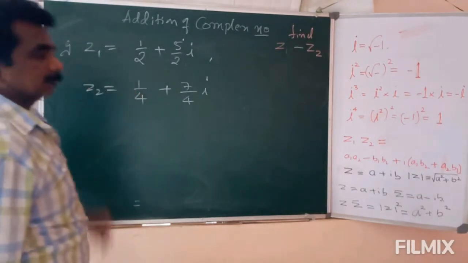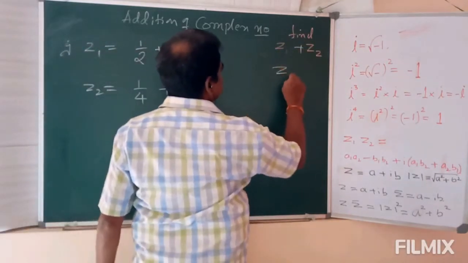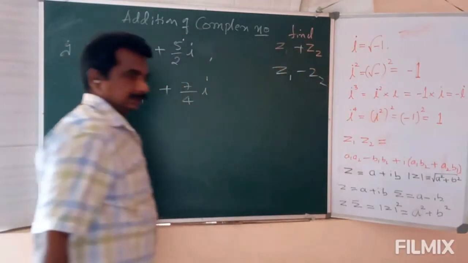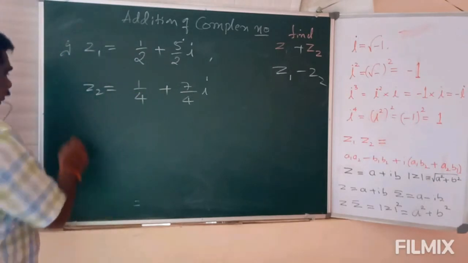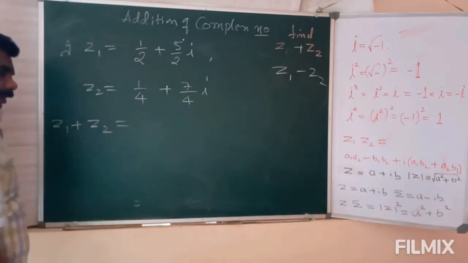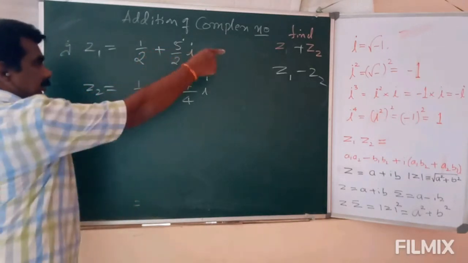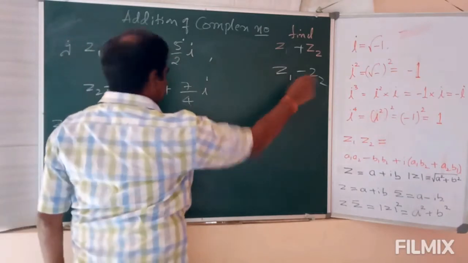Write it down like that. First I have to find Z1 plus Z2.